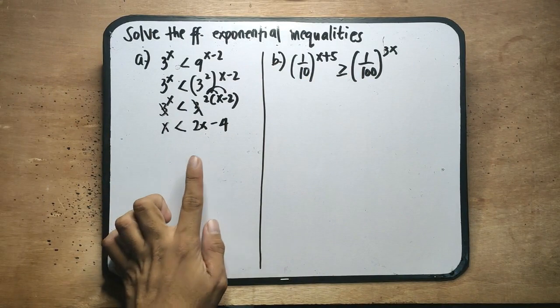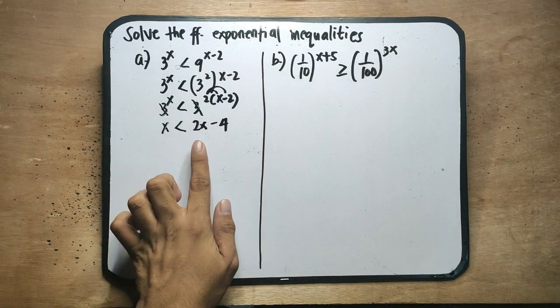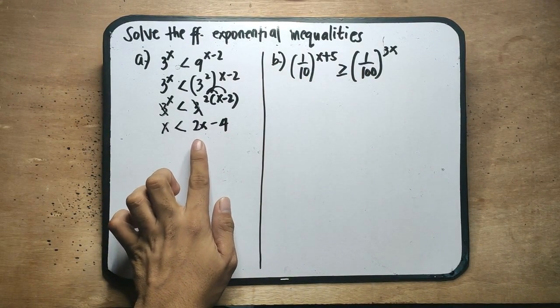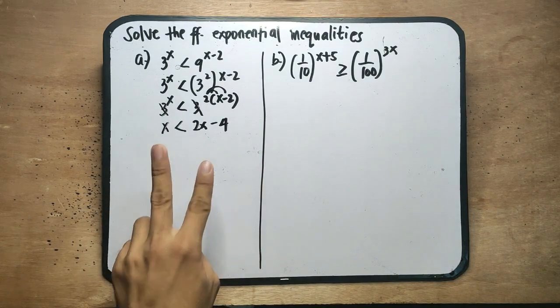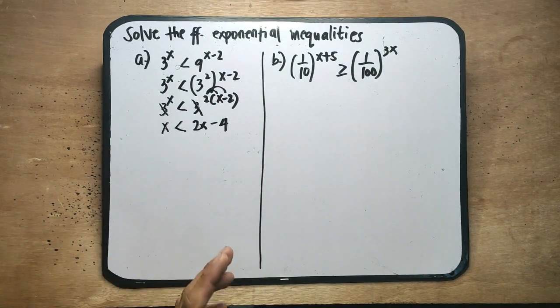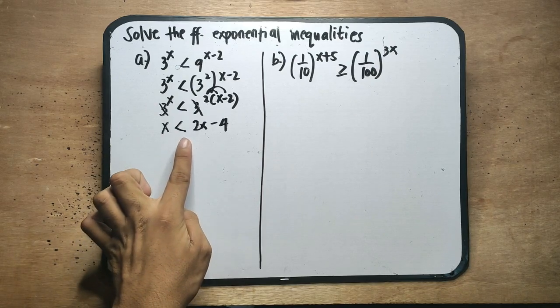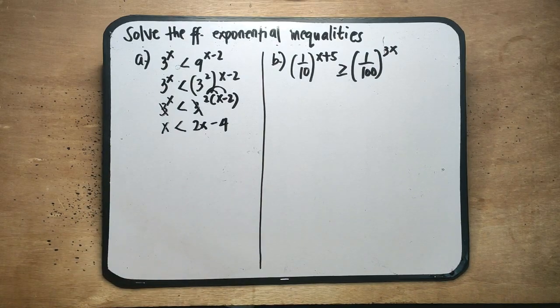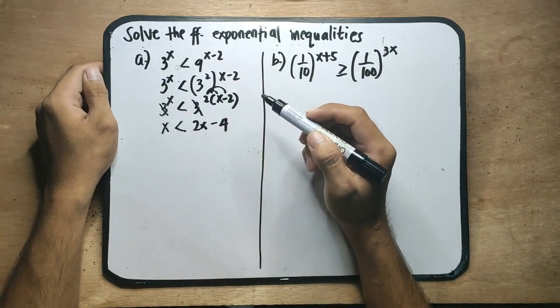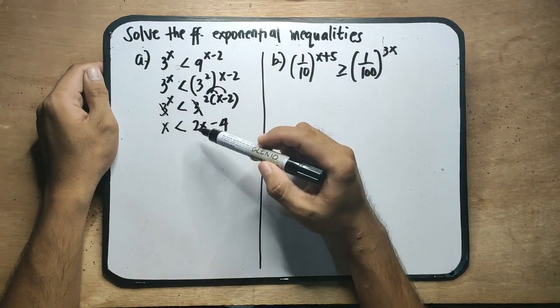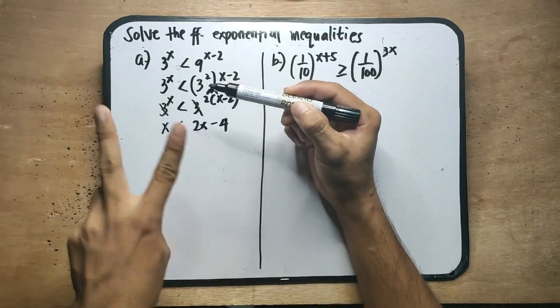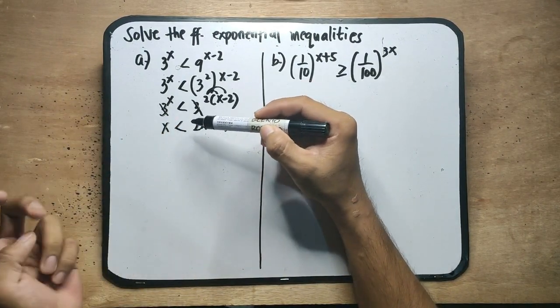So since mas malaki yung numerical coefficient ni x dito, we swap their positions, and take note, when we swap their positions, maiiba or ma-reverse din yung sign ng ating inequality symbol. Okay? Unlike doon sa equation, kapag equal symbol yung nandito, if we swap their positions, okay lang kasi equal silang dalawa.